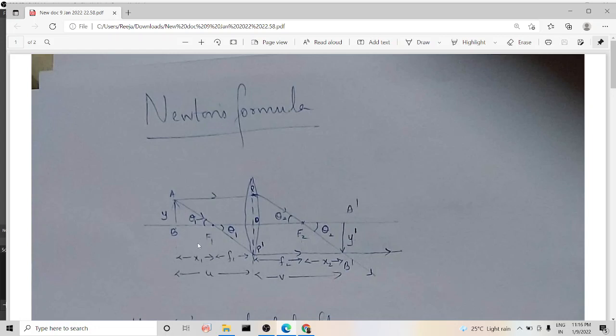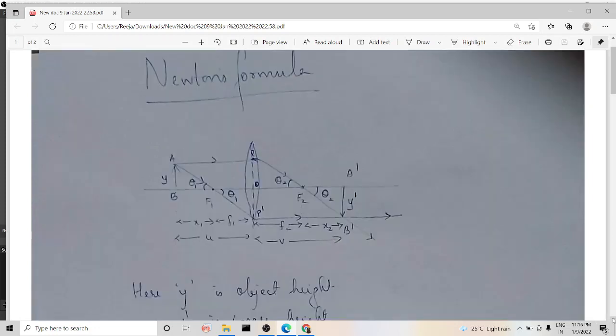And x1 is the distance of the object from the first principal focus and x2 is the distance of the image from the second principal focus. With this information in mind, let us derive the Newton formula.